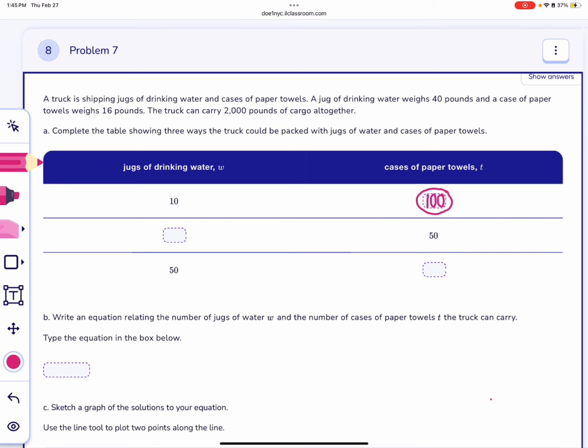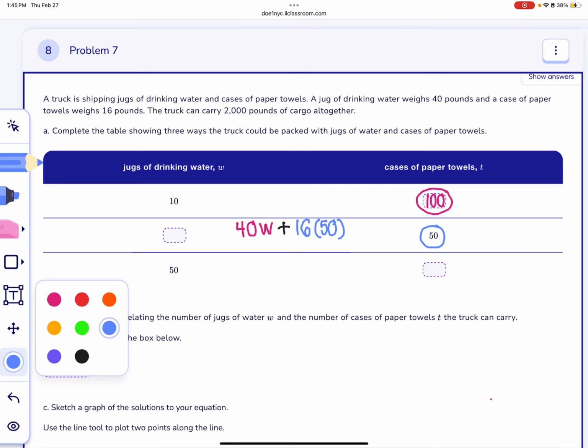For the second row, we are given the cases of paper towels T. So instead of plugging in a value for W, we are going to plug in a value for T instead. So you're going to write 40W plus 16 times that T value, which is given to us as 50, and we're going to still set it equal to 2,000.